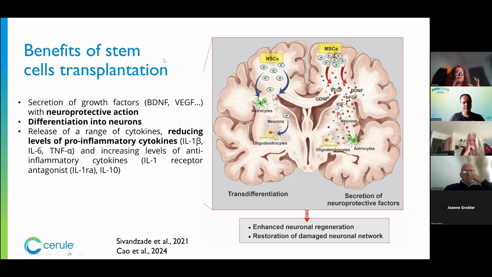And we have seen consistently that for both Parkinson's disease and Alzheimer's disease, there is an improvement. For Parkinson's disease, the UPDRS score, measuring both motor and non-motor symptoms, improves.